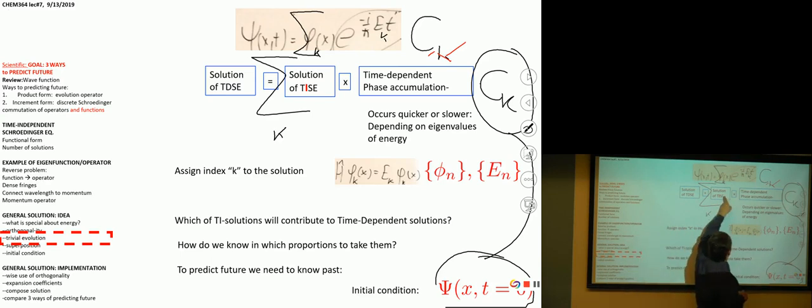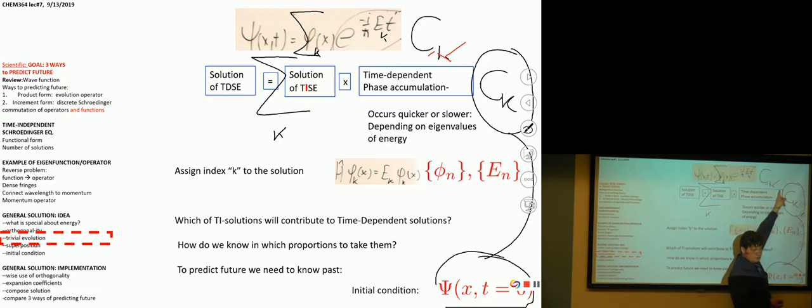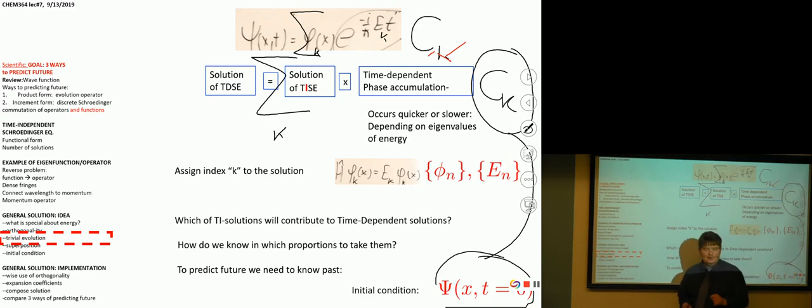consists of a solution of the time-independent Schrödinger equation, which is phi sub k, the accumulation of phase in the complex plane, which includes the eigenenergy of the Schrödinger equation, and then an unknown coefficient. It is an arbitrary coefficient if you want to brag and say, oh, I can solve the equation generally.